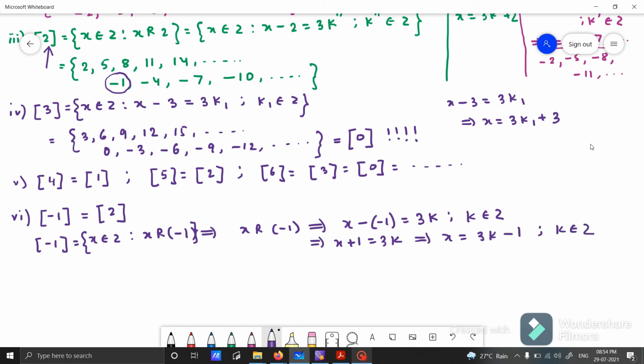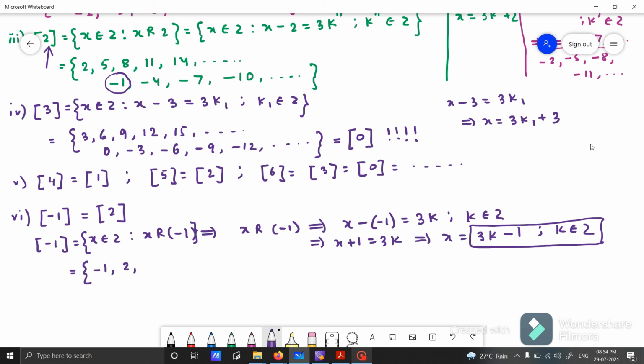integer. Now this is the expression that will give me all possible values of x. Now k is an integer, so keep putting values. Suppose k is first 0, so what do you get? Minus 1. Then suppose k is 1, so 3 minus 1, 2.